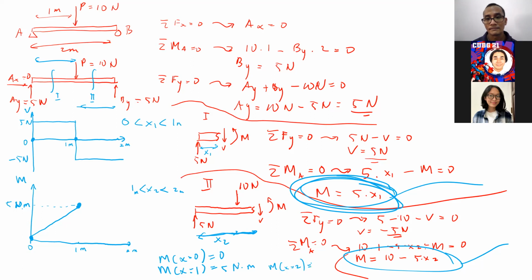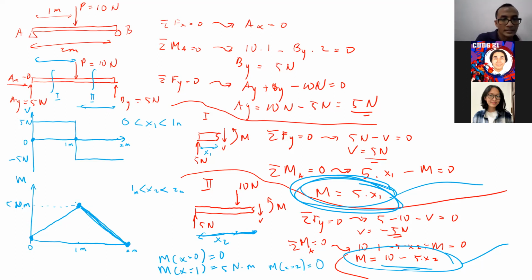I think it's just 0, sir. Correct, 0. Because we just used this equation, right? 10 minus 5 multiplied by 2. 5 multiplied by 2 is 10, so 0. So our moment there will be 0 as well here, and this one will be linear.